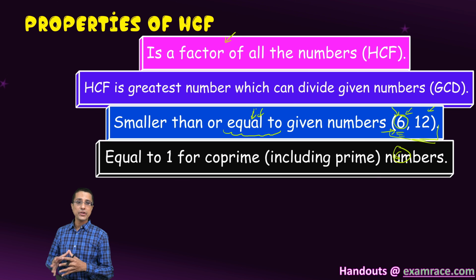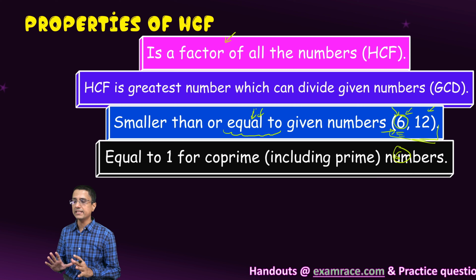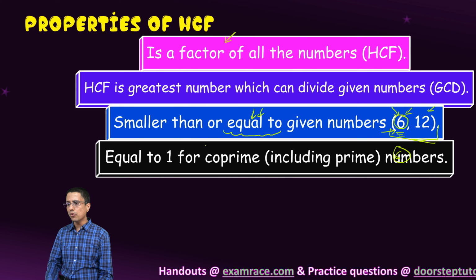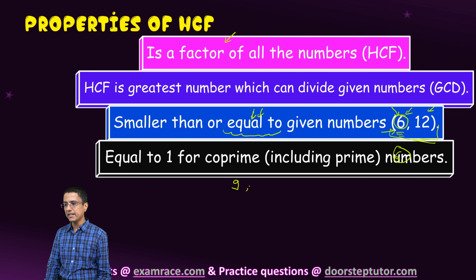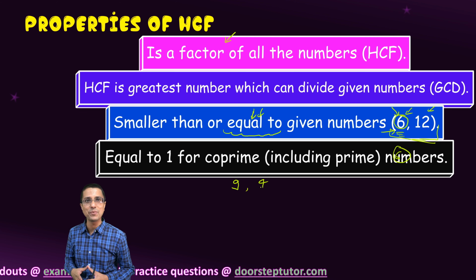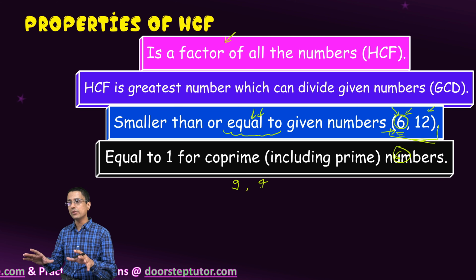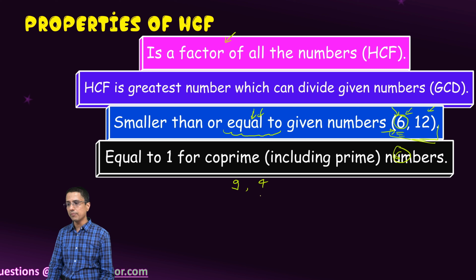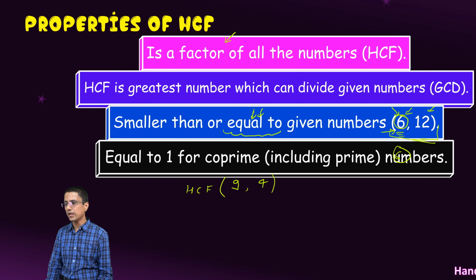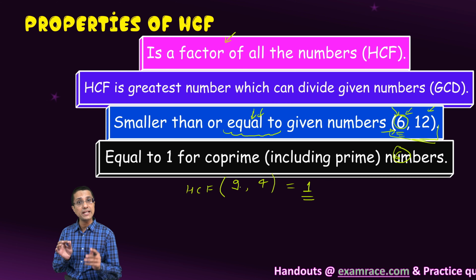The next and most important property is that if I take two co-prime numbers, for example 9 and 4, a very standard example, and I try to find the HCF of these two numbers, that HCF would always be equal to 1. I cannot find any other common factor between these two, and that is by definition.